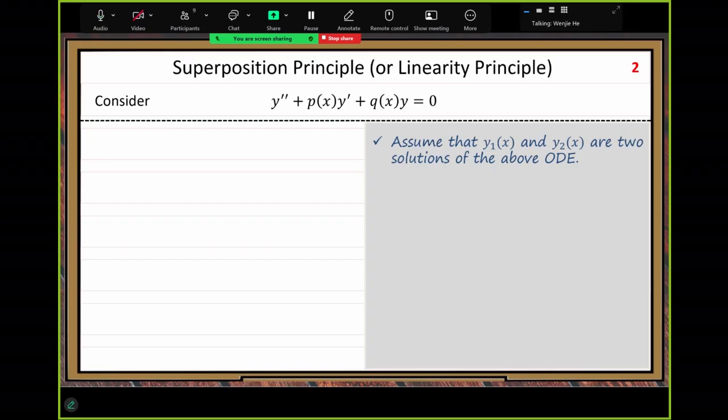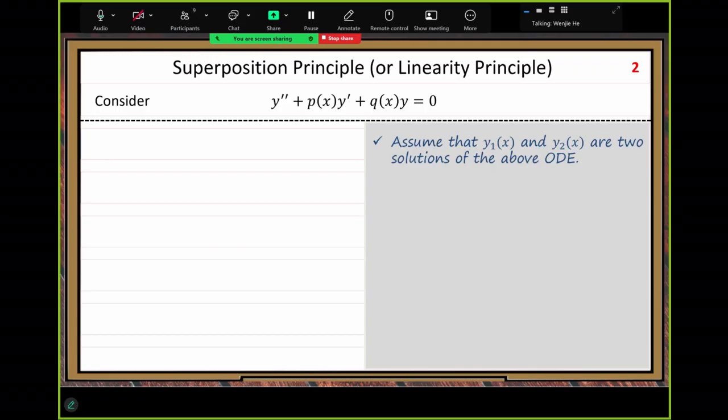Let us assume two functions, y1 of x and y2 of x, are two solutions of the above ODE. We just assume there are two solutions already known.